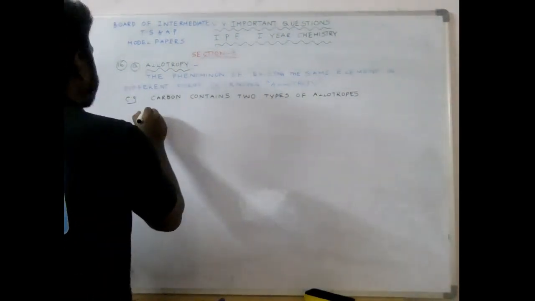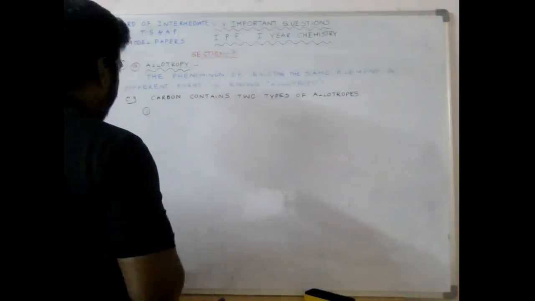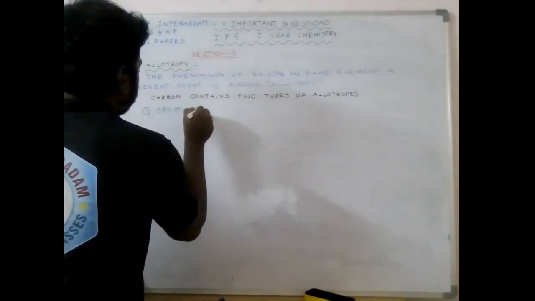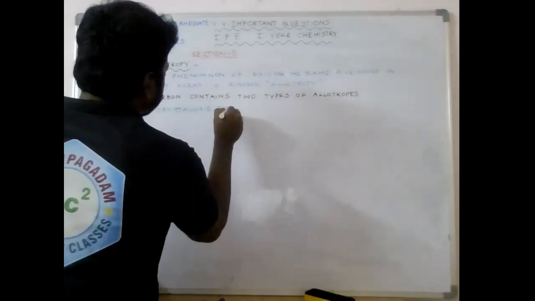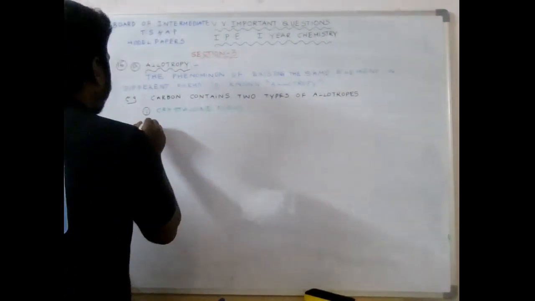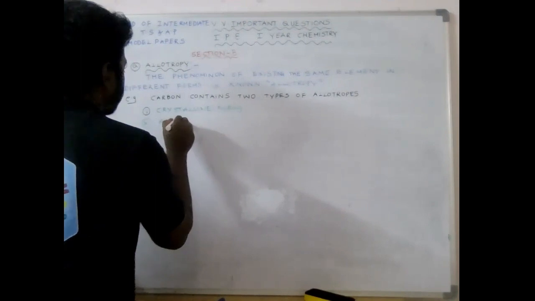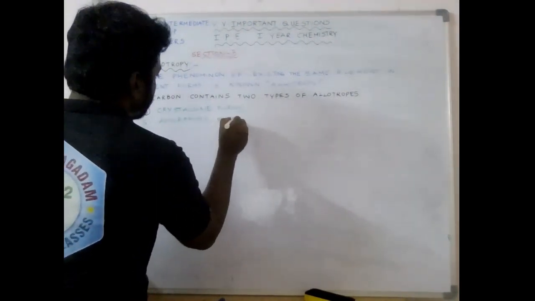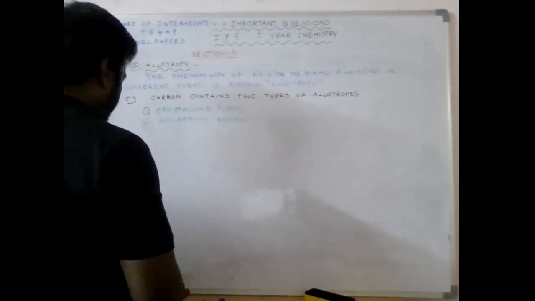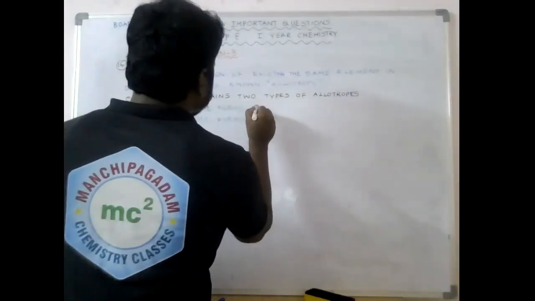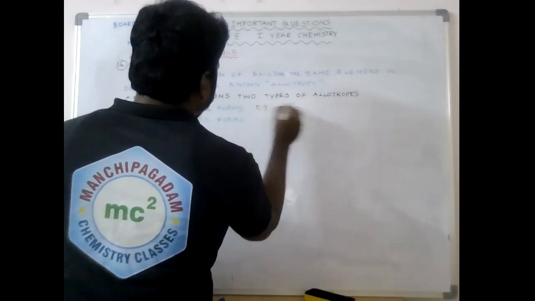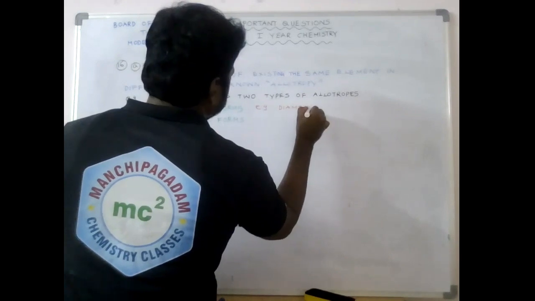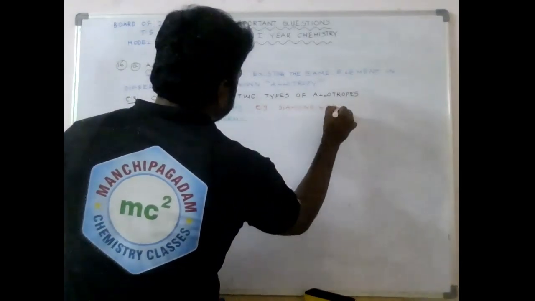One is crystalline forms. Another one is amorphous forms. Two different forms I wrote: crystalline forms and amorphous forms. Example for crystalline forms is diamond and graphite.